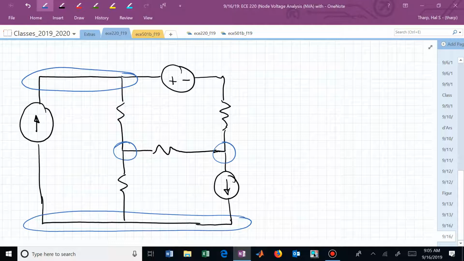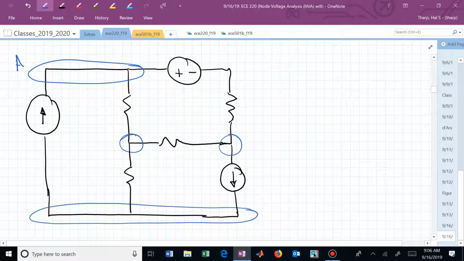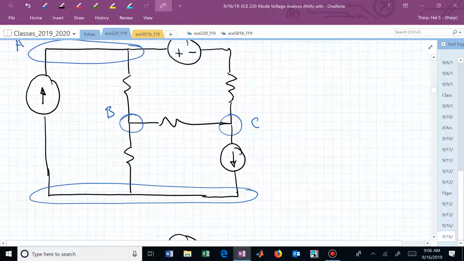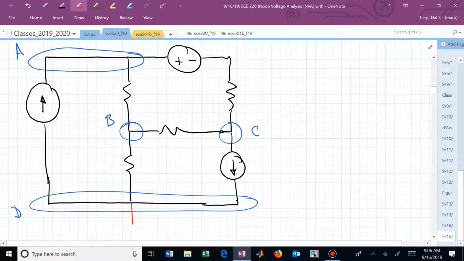That's consistent with this larger graphical circling of the bottom nodes. Let's label these so that we can play with them in a minute. Here's A, B, C, and D. And suppose we let the reference node in this circuit be D.